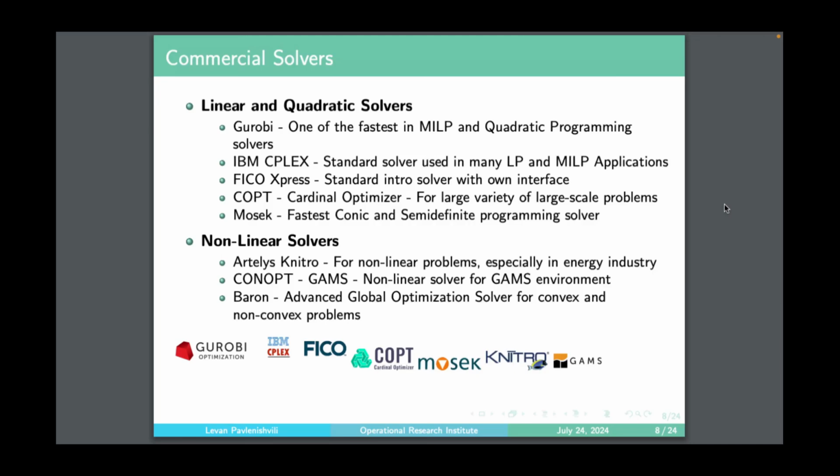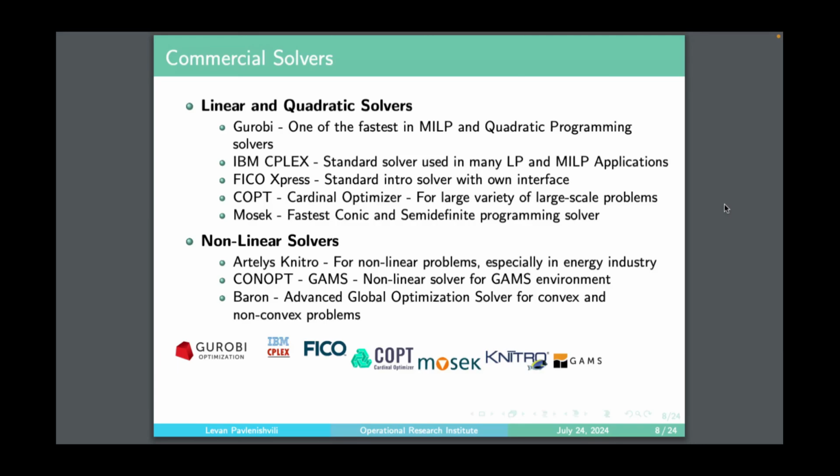There's a relatively older solver that used to be extremely popular, not that popular anymore, IBM Cplex. If you get interested in optimization, you might find in a lot of places that something was solved with Cplex, and it is a very well-known solver.